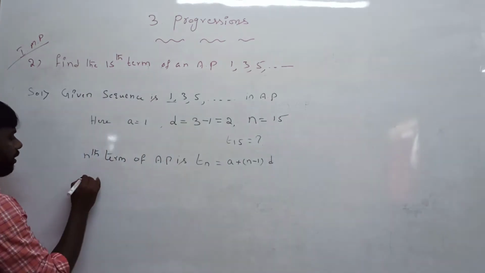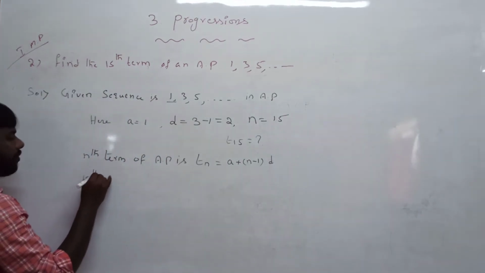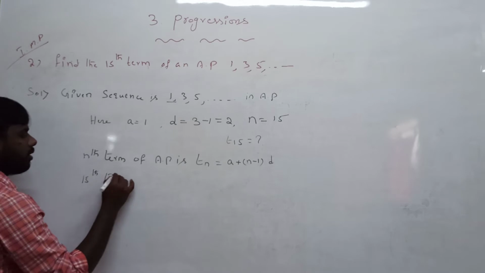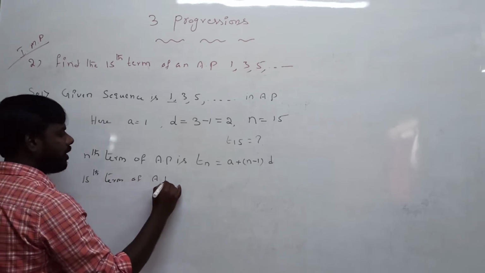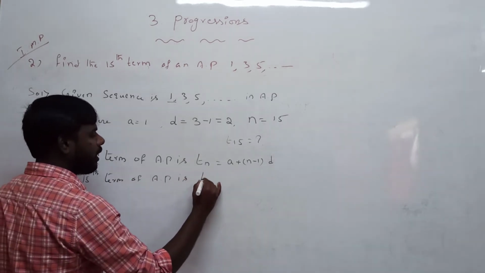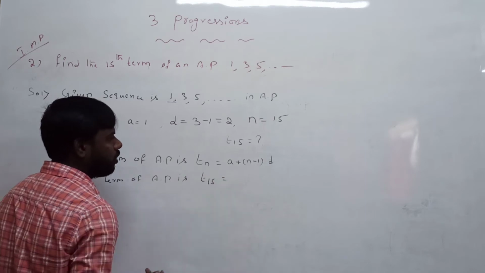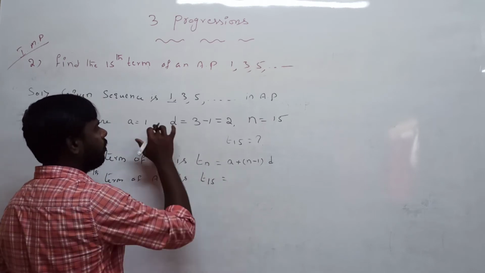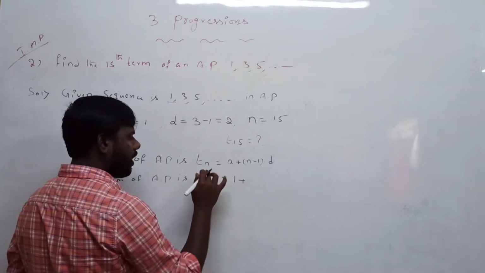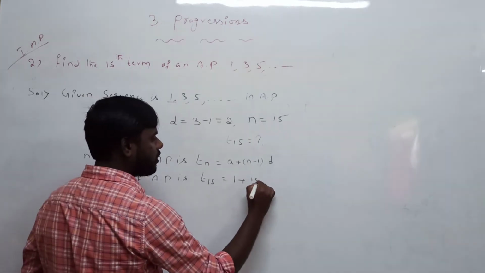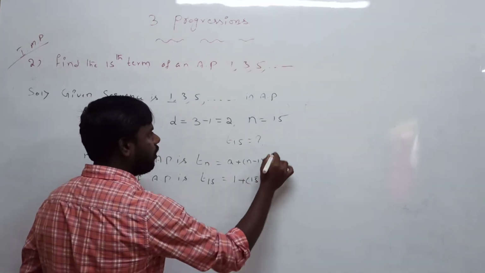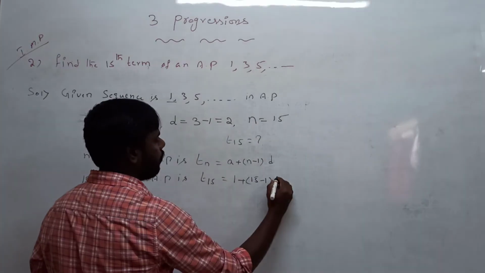What are they asking? To find the 15th term of the arithmetic progression, we calculate the 15th term. So what is the a value? A value is 1. What is the n value? 15 minus 1, into the d value, which is 2.